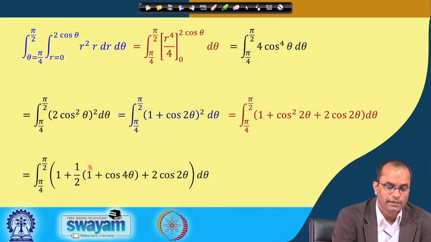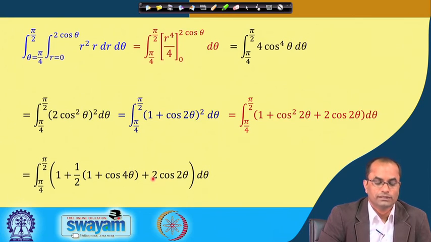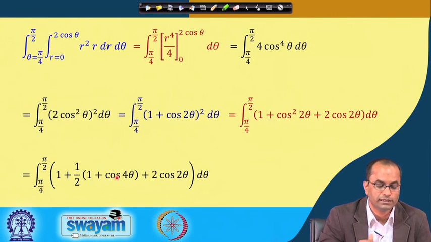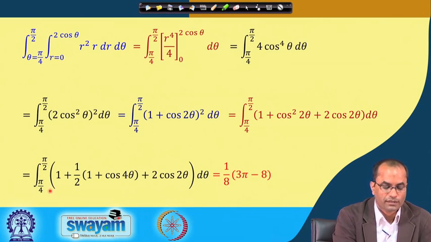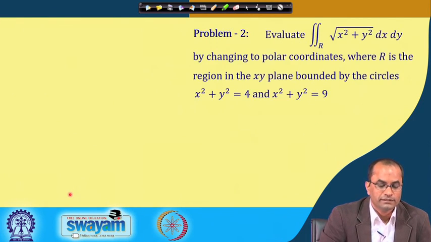So, 1 and this 3 by 2 will be the constant term, then we have cos 4 theta, and cos 2 theta which will come as sin 2 theta, and cos 4 theta also as sin 4 theta, and then we need to put the limits there. Finally, with this simplification we will get 1 by 8 into 3 pi minus 8.